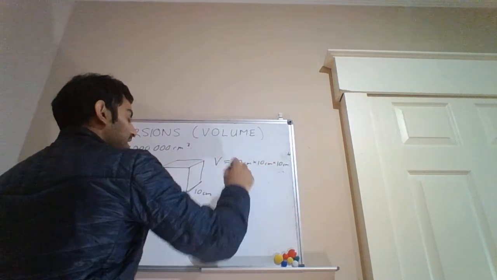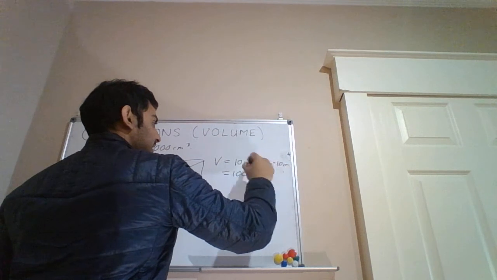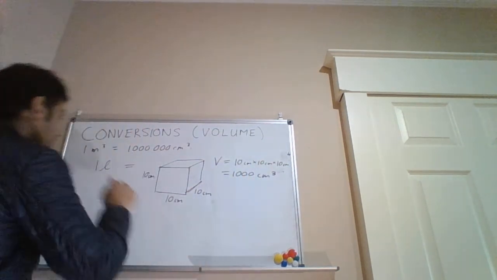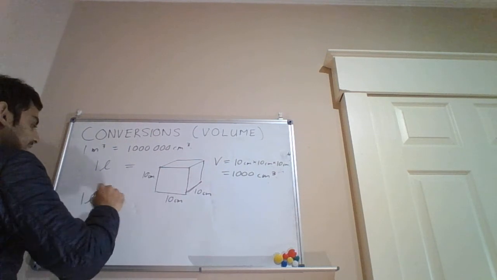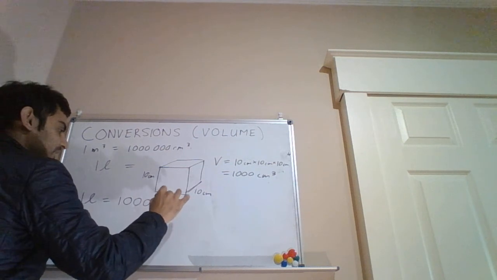So we've got 10 times 10 times 10, which is 1,000, and our unit is centimeters cubed. So now we've got a new relationship which tells us that 1 liter is the same as 1,000 centimeters cubed.